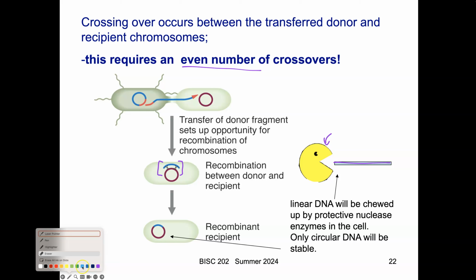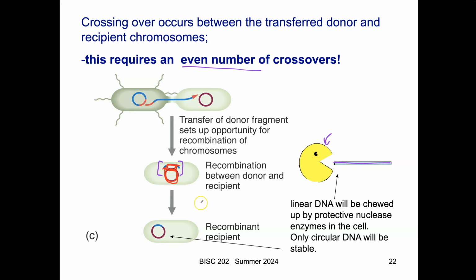So let's just show that again. I'm gonna, maybe red is a better color. So if we just had this one crossover, we'd have this linear molecule. And then when we cross over, we've still got this linear molecule. So instead what you need is you need to cross over this way and then crossover here, and then that incorporates this bit of DNA into this circle.